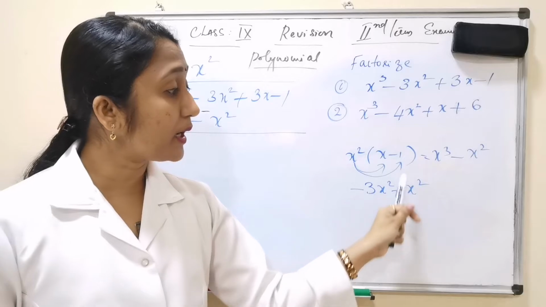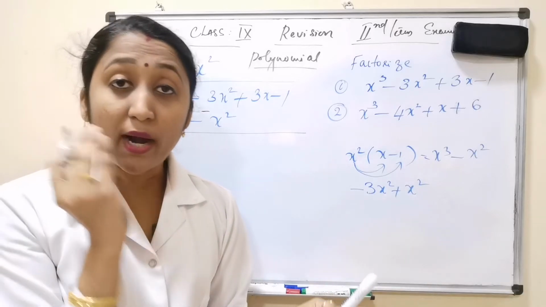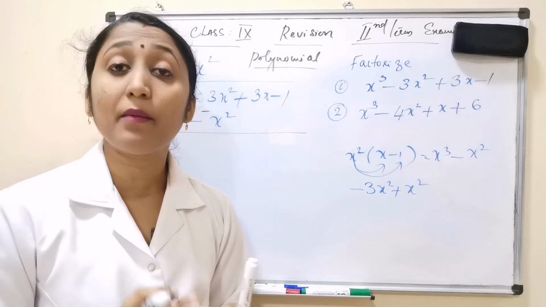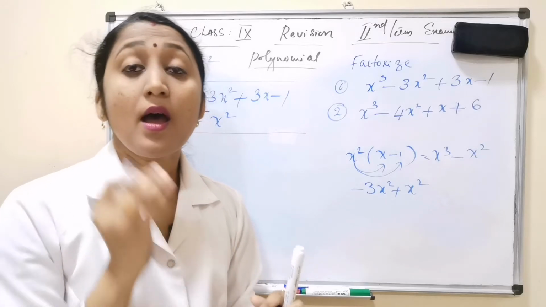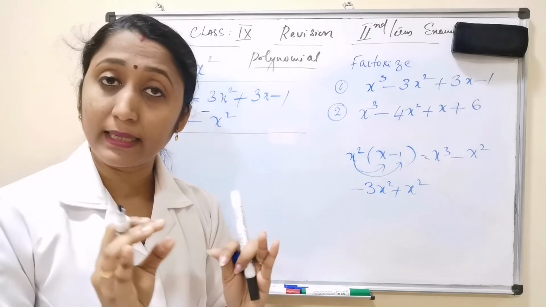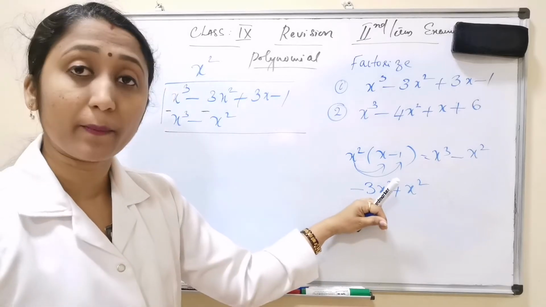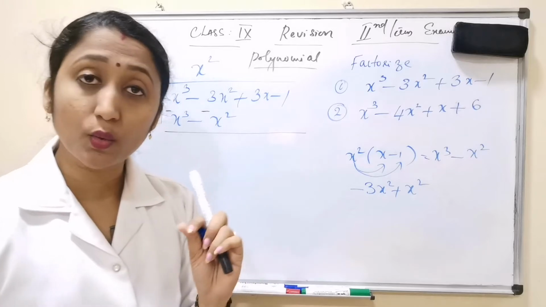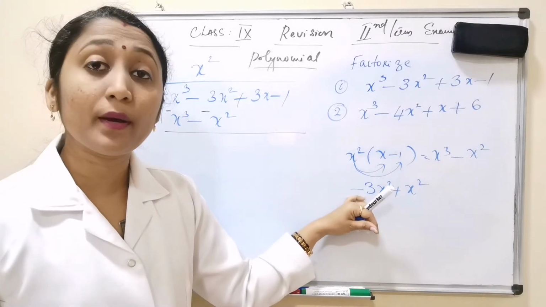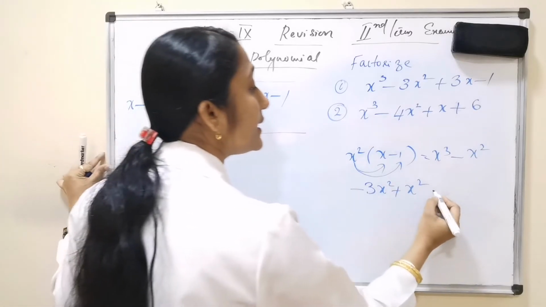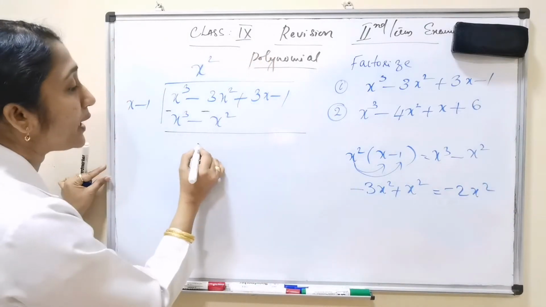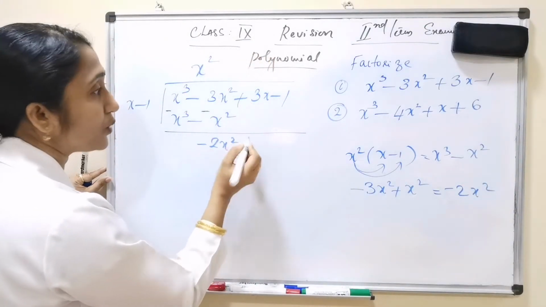Minus 3x square plus x square means one number is positive and the other is negative, so big number minus the small number and put the sign of the big number. What is here? Minus 3 is the big. So 3 minus 1 is 2. What is the sign of the big number? That is minus. So the answer is minus 2x square.